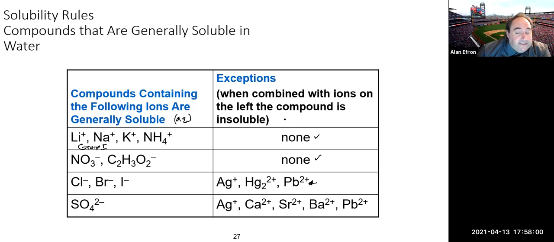But if there is an exception, say you have silver with bromide, instead of being soluble, the exception would be the opposite, and it would be insoluble and typically get a solid written there. So if you have any one of these three, silver, mercury 1, or lead 2, it will become insoluble and would get the solid symbol.